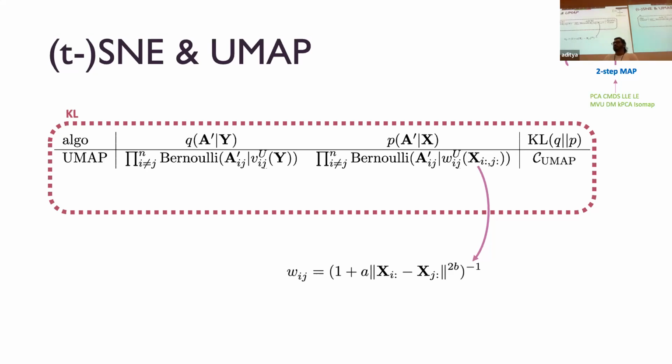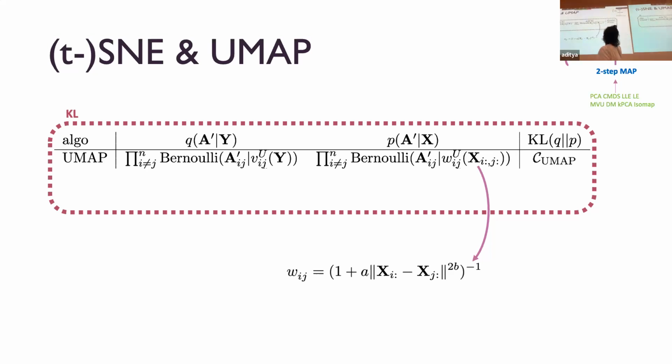So what UMAP would do is treat the data as one big graph with n nodes, where each node corresponds to a data point, and it would put a distribution on a data similarity graph, where the probability of an edge between data points i and j would depend on some kind of sigmoidal function of the Euclidean distance between those data points.